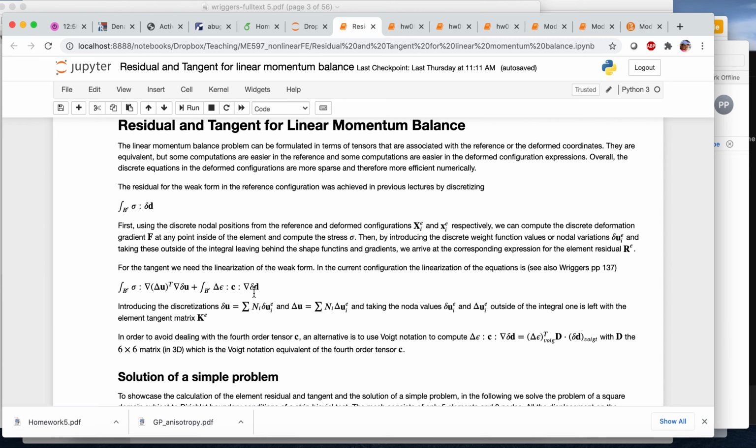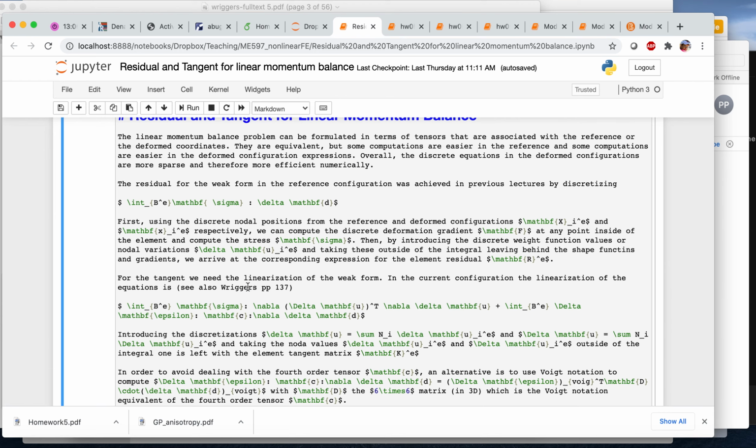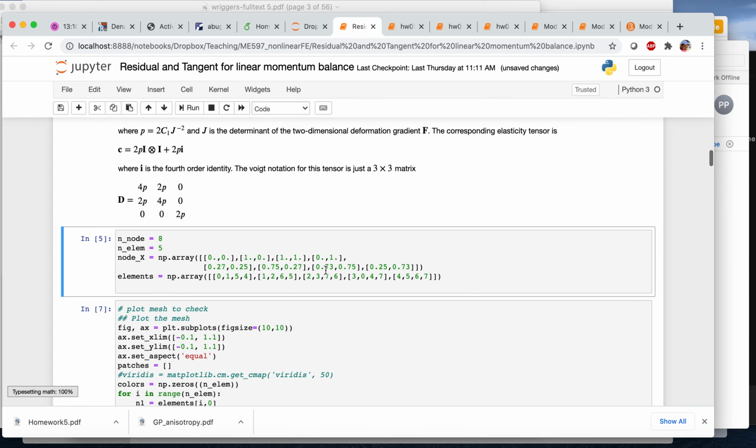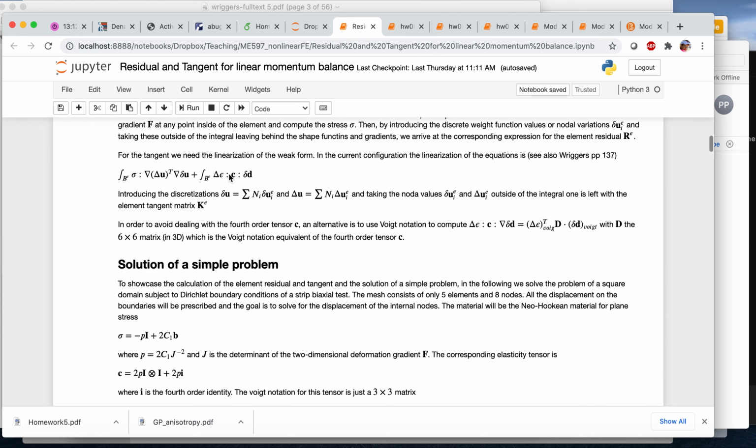This should not be the gradient of this, it should just be delta d, yeah, should just be like this.